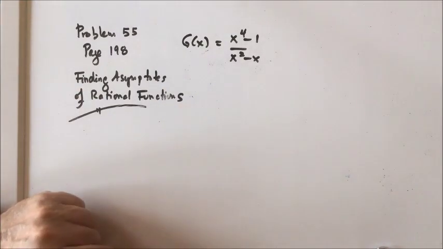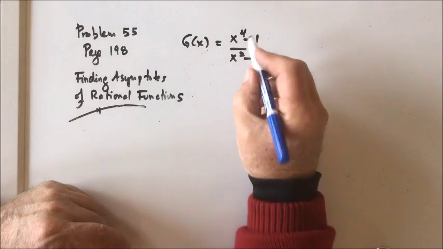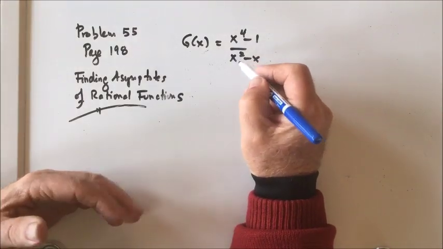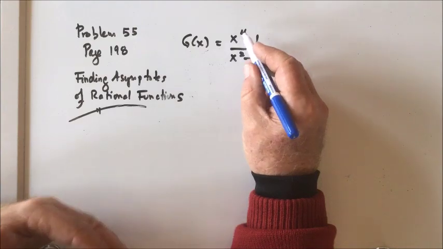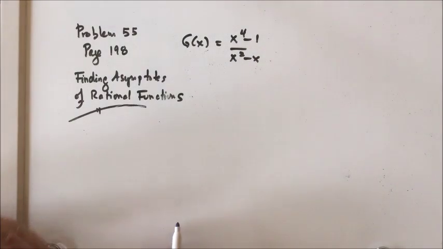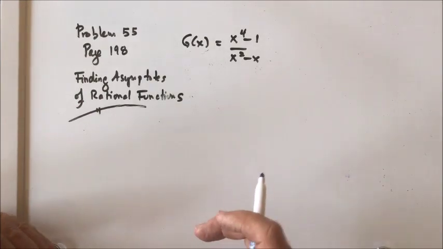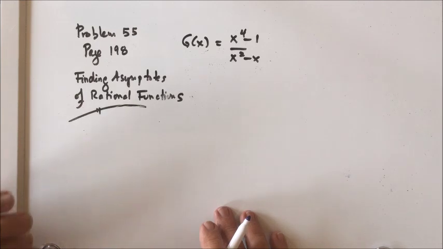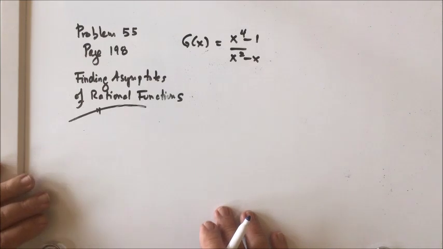And this third case is a case where the top, in this case, has a degree 4, the bottom has a degree 2. The difference between the top and bottom is 2 or more. And for that case, where the difference between the degree of the top and the degree of the bottom is 2 or more, the rational function will have an asymptote, but the asymptote is going to be a nonlinear function.